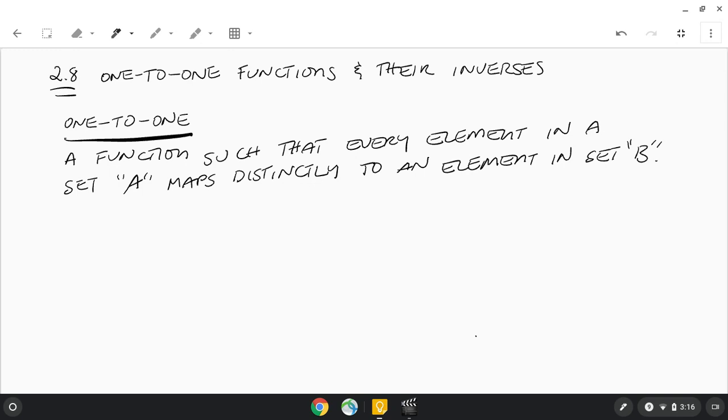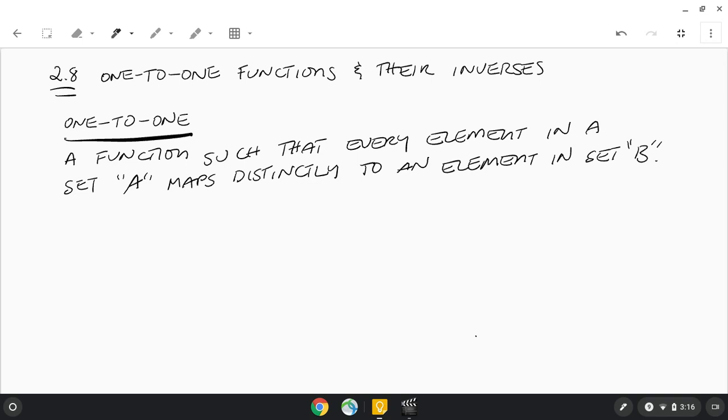So in order for it to be a one-to-one function, the x values need to get mapped to completely different y values. They cannot get mapped to the same y value.